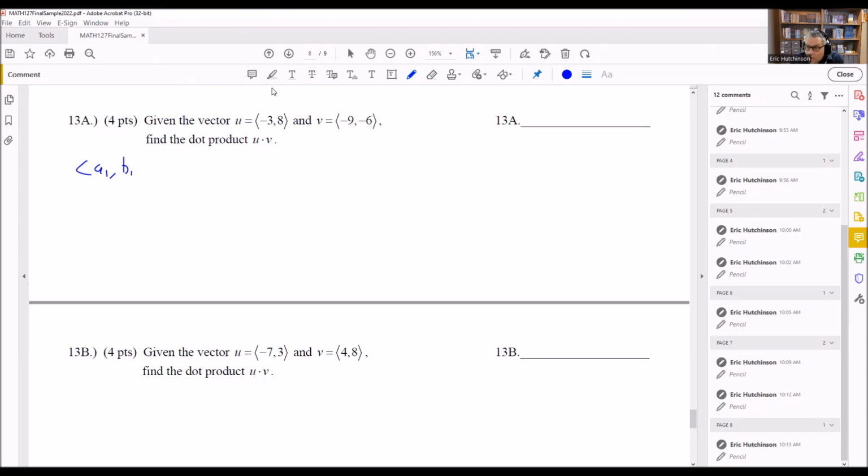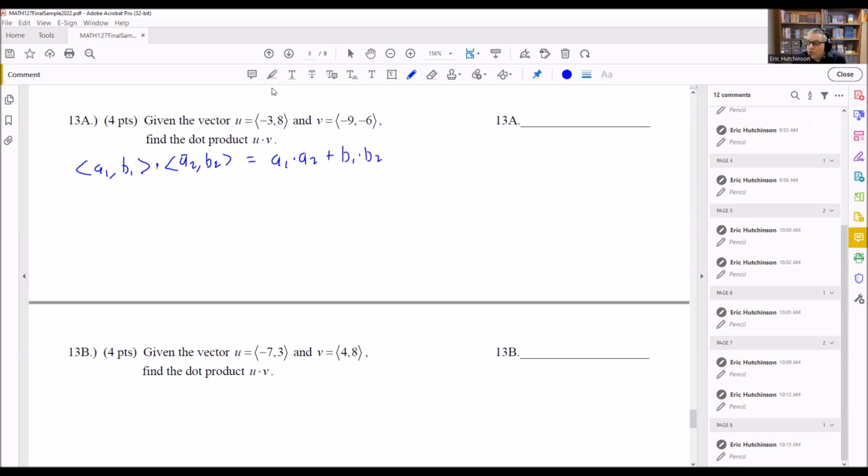So if I'm doing the dot products, I'll just show that. Okay, so if you're multiplying these two together, there's a formula that you're going to use for that. It's A1 times A2 plus B1 times B2.